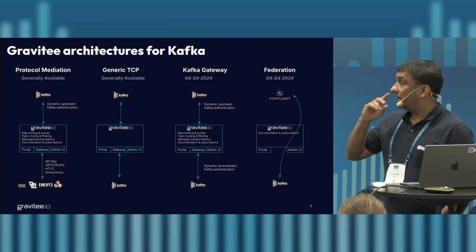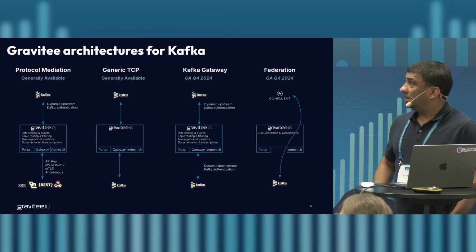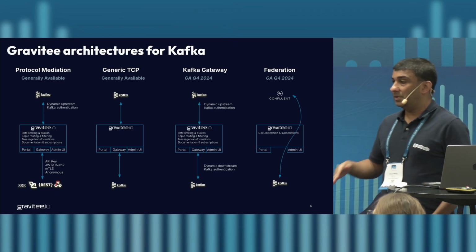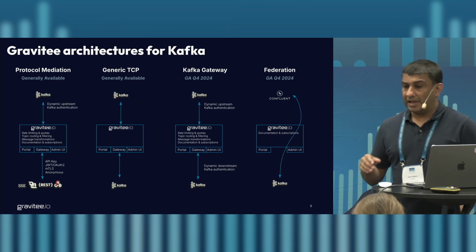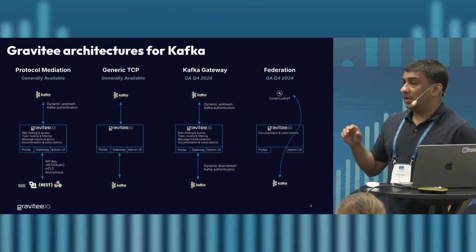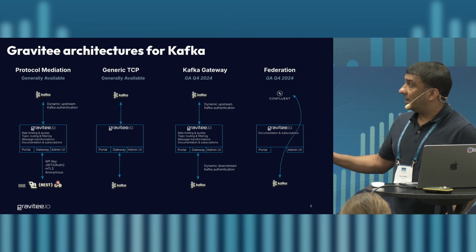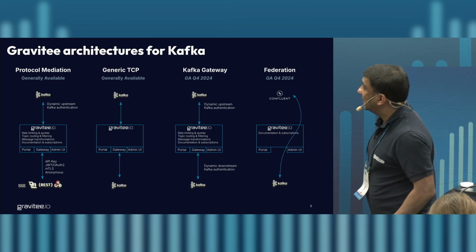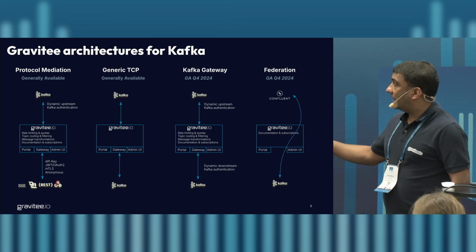That's protocol mediation. Generic TCP works at the bottom, binary level, able to talk to these endpoints in a native way. The Kafka Gateway is the most interesting one. Let me talk about that last.